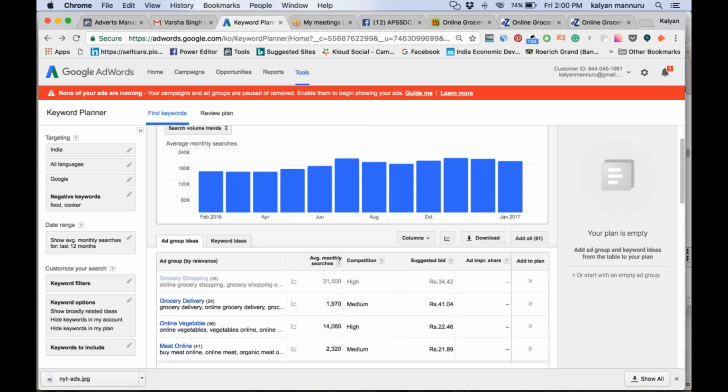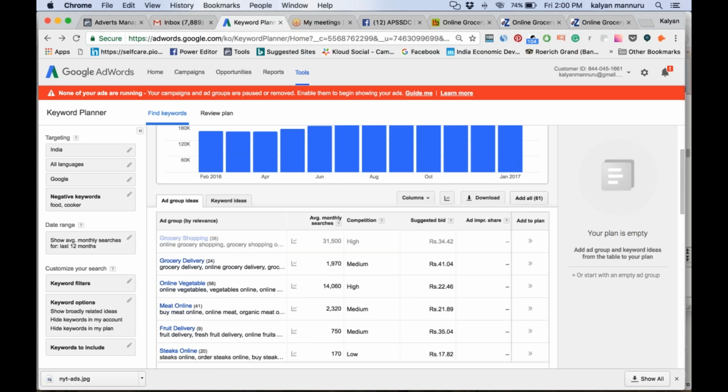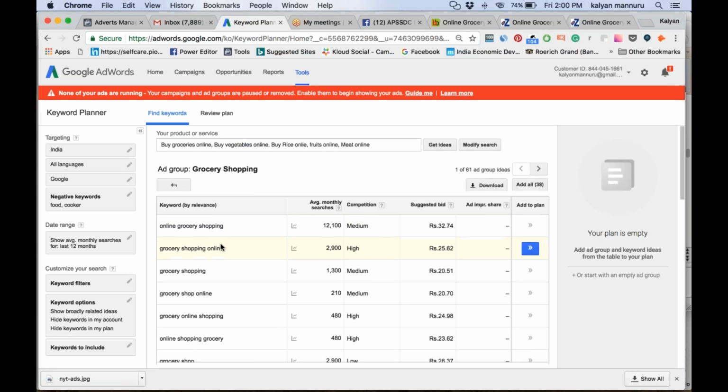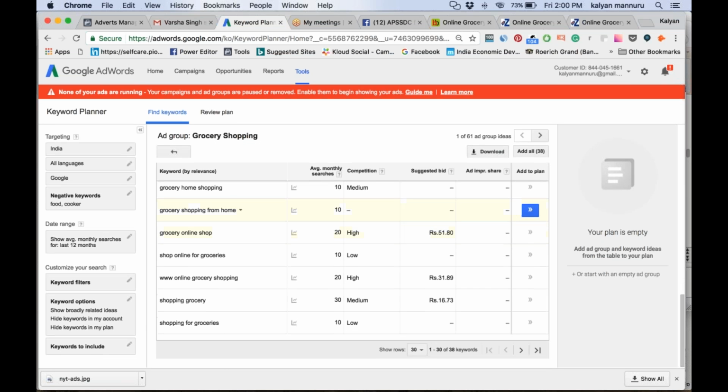So what I was saying, instead of having pages for each keyword, it is better to have pages for each ad group. That's enough. Now the moment I create a page, www.mywebsite.com, that is grocer.com slash one of the keywords here, that is online grocery shopping, that is enough to cover this entire set of audience.